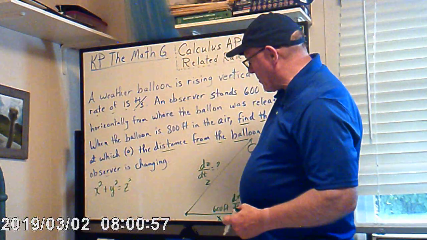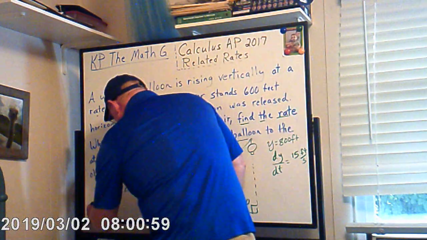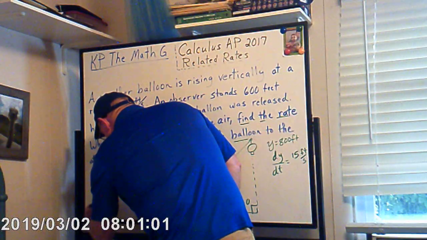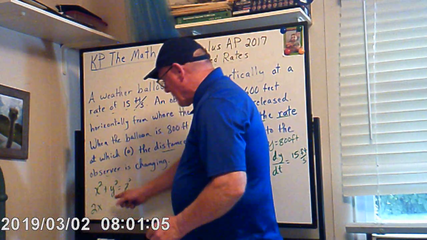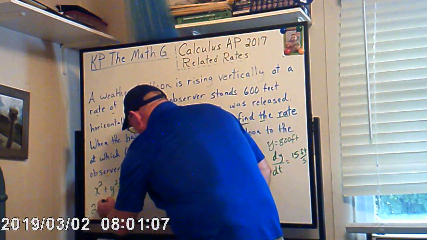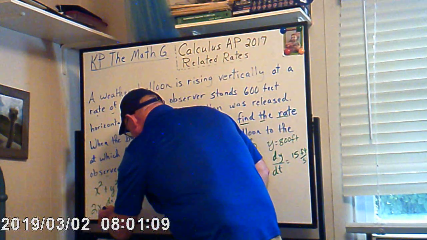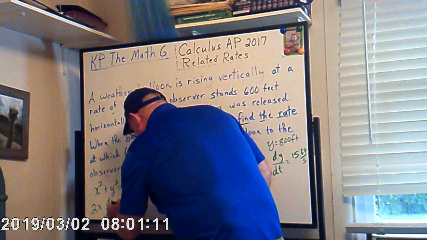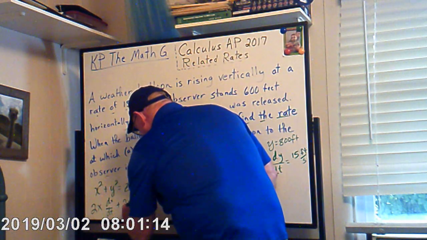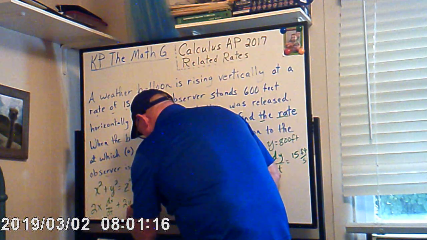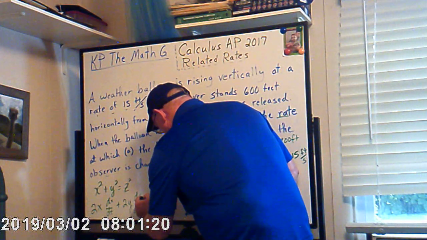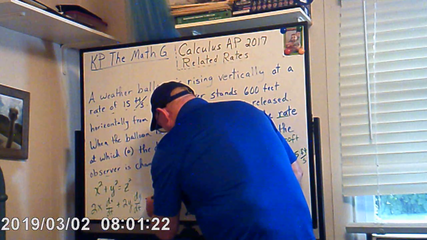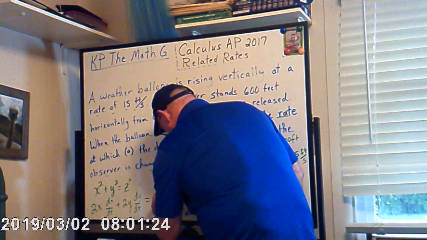So I have to flip the board, but let's go ahead and get the problem started. 2x. Remember, put the 2 in front. 2 times 1 is 2. 2x to the 1 dx over dt plus 2y dy over dt equals 2z dz over dt.